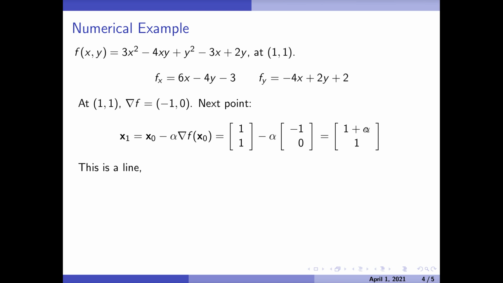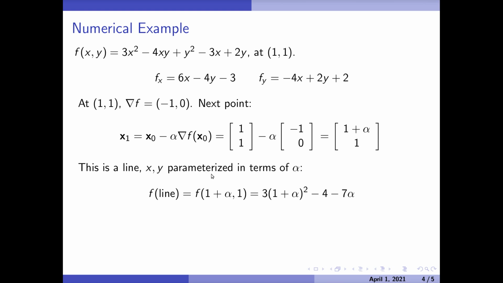So this is when you plug 1 plus alpha in for x and 1 in for y. This is now an expression only in alpha, and so we can find the minimum of that real easy. All right. So again, if I plug in 1 plus alpha for x and 1 for y, I get this expression, which is just a parabola. And how do you find the minimum of this parabola? It's just the value of the vertex.